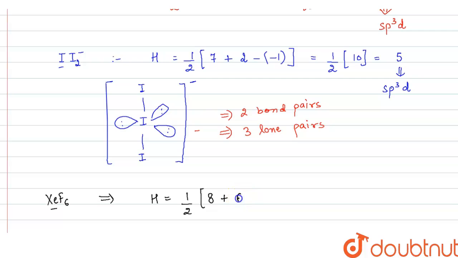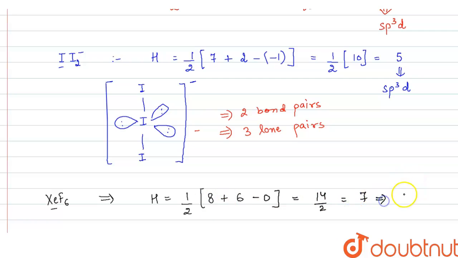So M will be 6 and charge is 0. So it will be equal to 8 plus 6 which is 14, and 14 by 2 is equal to 7.